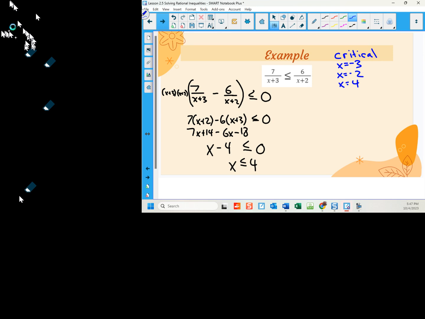So now we have 3 critical points, which makes 1, 2, 3, 4 different areas. And what I mean by that is if I draw my number line, I have 0 here. I'm interested in 4's over here, -2's over here, and -3's over here.